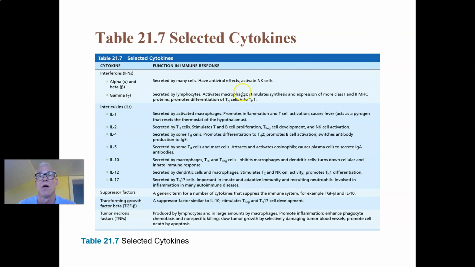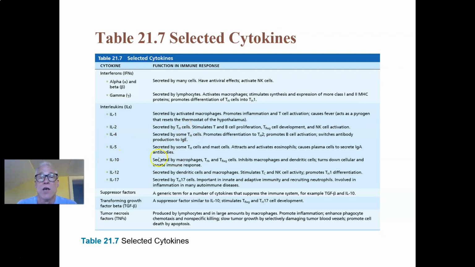It will rev up all kinds of immune cells. It will activate the differentiation of helper T cells and so forth. Interleukin 1 is a pro-inflammatory interleukin produced by macrophages. IL-2 and IL-4 are interleukins that are produced by helper T cells that will promote the cloning, as we said, of cytotoxic T cells and B lymphocytes.